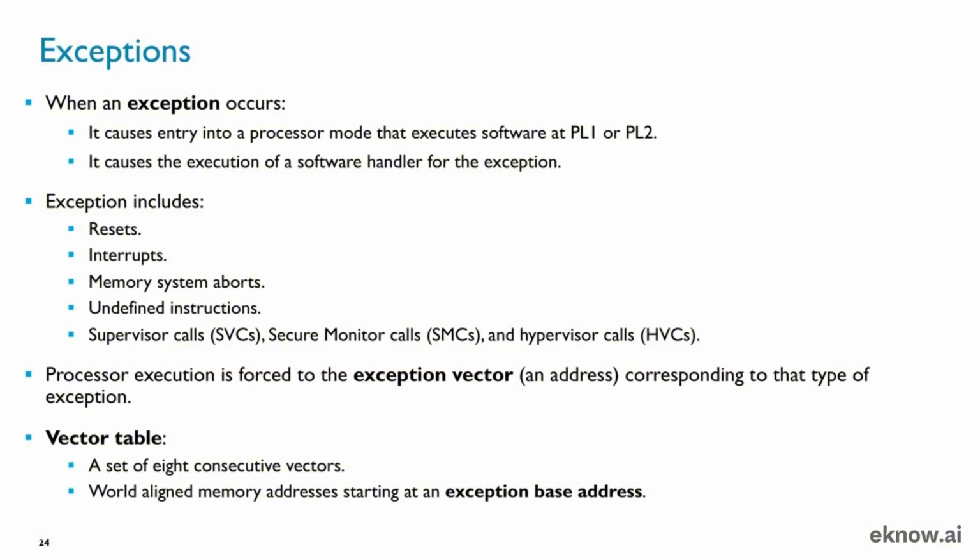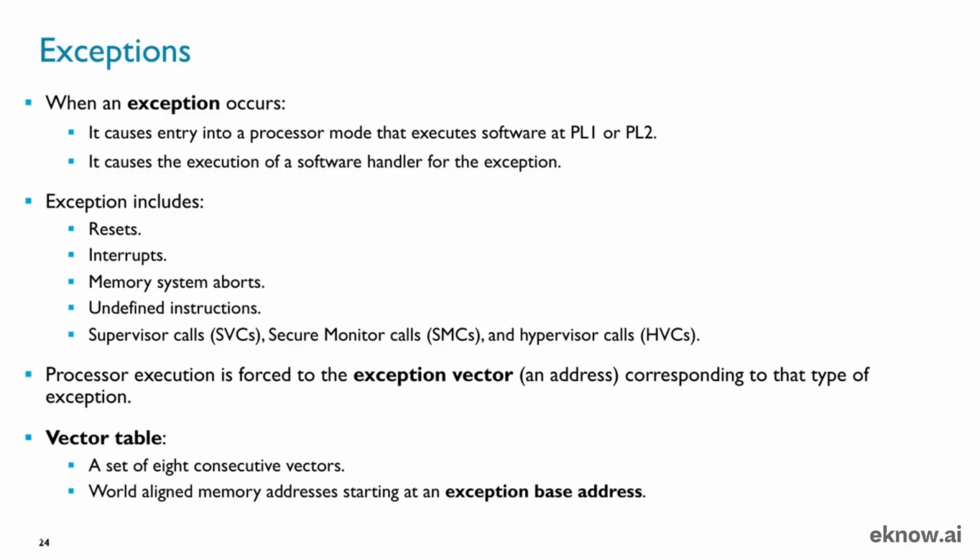So, how does the processor know where to find the correct software handler for each different type of exception? This is where the exception vector comes in. An exception vector is simply a memory address. When a specific exception happens, the processor is automatically forced to jump to the address associated with that exception. It doesn't have to think about it. Its hardware is designed to go to that specific location.